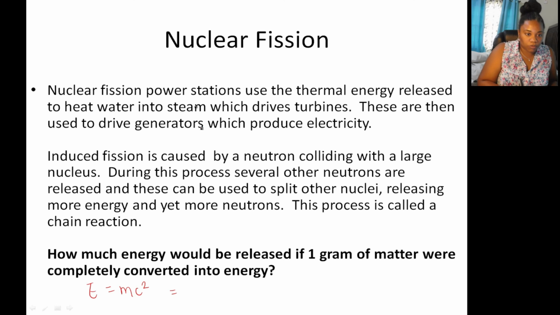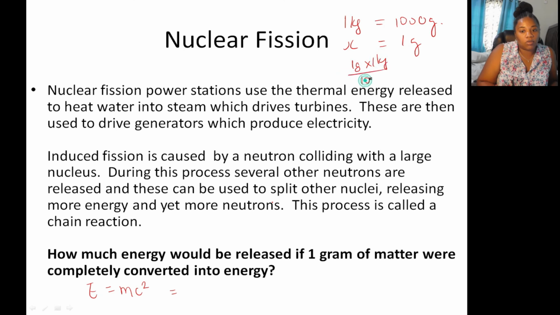If we know that 1 kilogram equals 1,000 grams, so therefore 1 gram will give us X. So we say 1 gram times 1 kilogram divided by 1,000 grams to give us X, and that should give us 10 to the minus 3.